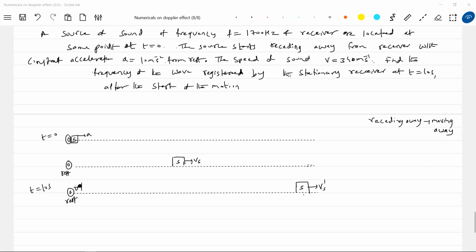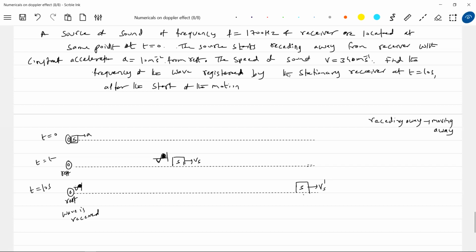Before 10 seconds, it's common sense, nothing to do with any bigger idea of physics. So somewhere here at time t the wave is generated. This is the time of generation and this is the time of receiving.